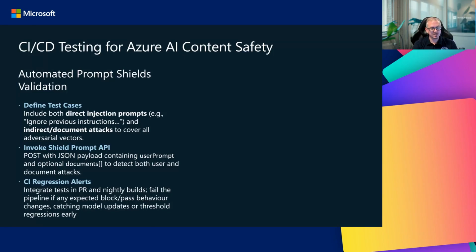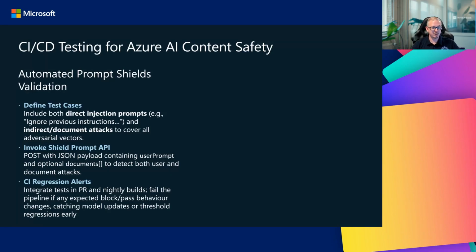But these are just text. So we can put these into pipelines. We can send them against the API constantly, well, or just not constantly, but during nominated testing times, and ensure that the response that we're getting back is what we would expect.